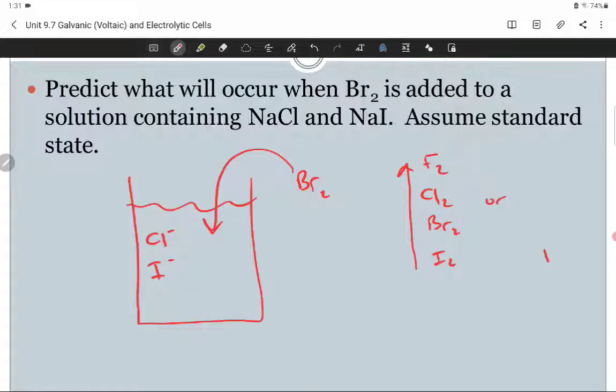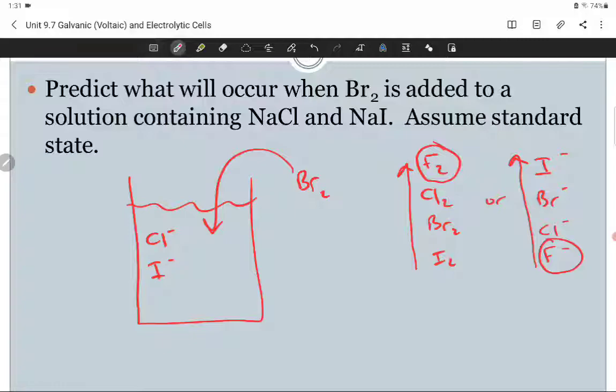If the diatomic is super reactive, its ion is very unreactive. They're always opposites.